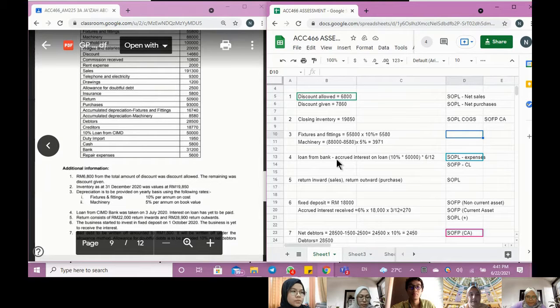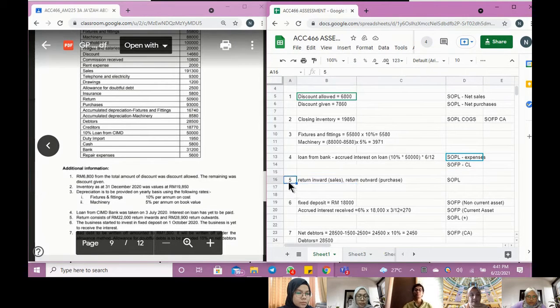And then, because the question stated that the loan has yet to be paid, the interest on loan is accrued. So we should put it in the SOFP under current liability.